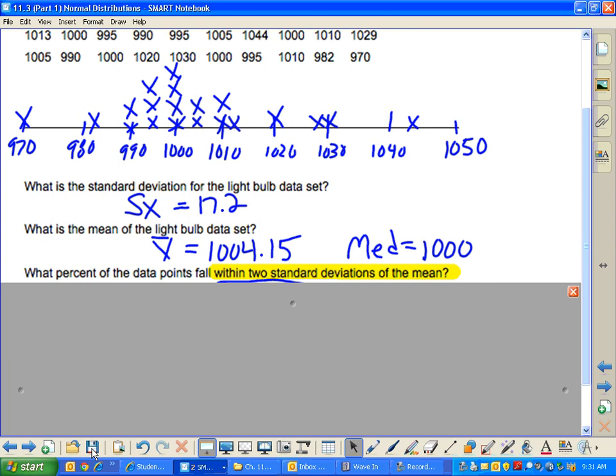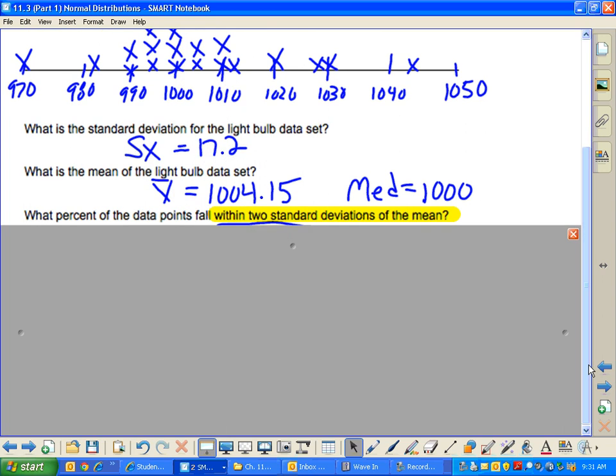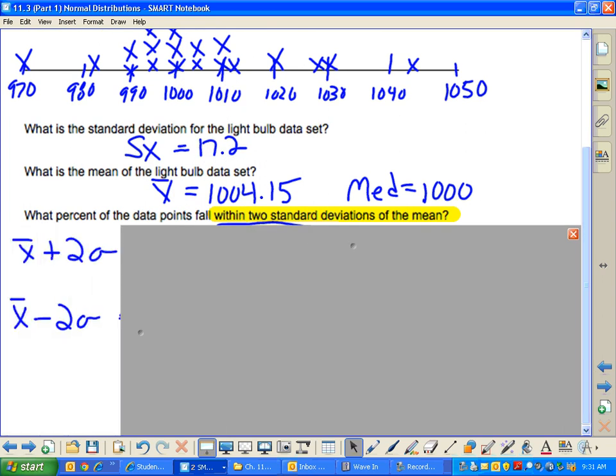What we have to do is set up some boundaries though. So we get a formula. This within 2 standard deviations of the mean means we have to calculate 2 things. We have to calculate the boundary that's 2 standard deviations above the mean. So you write that as x bar, which you recall is your mean, plus 2 little sigmas, 2 standard deviations. We also have to figure out the lower boundary for 2 standard deviations.